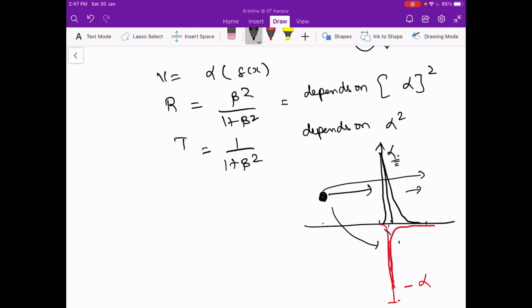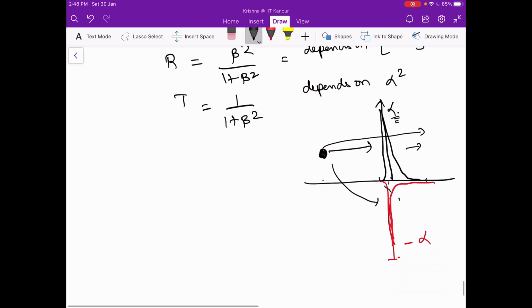This has been experimentally verified in several places. We will see an experimental example of this in our course. But the quantum mechanical particle behaves in this weird fashion, such that it does not depend upon the direction of α, whether it is positive or negative.